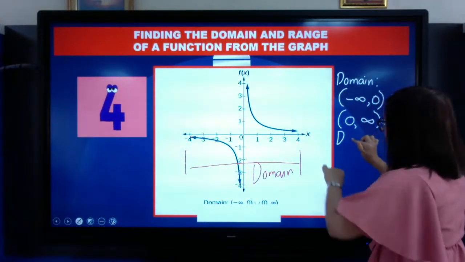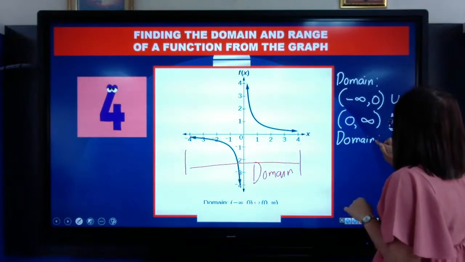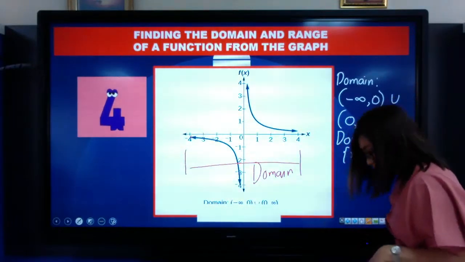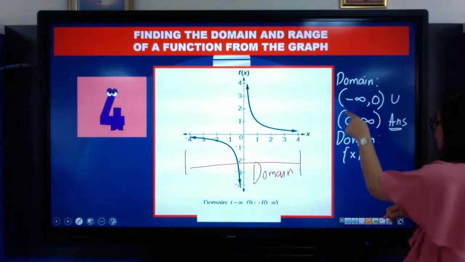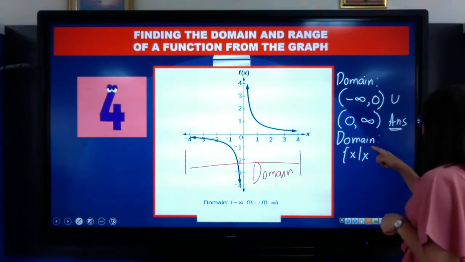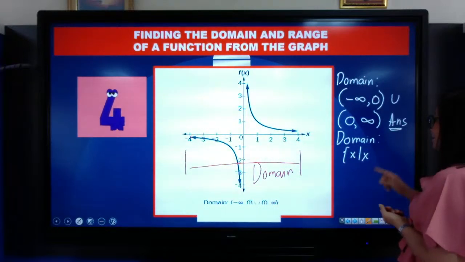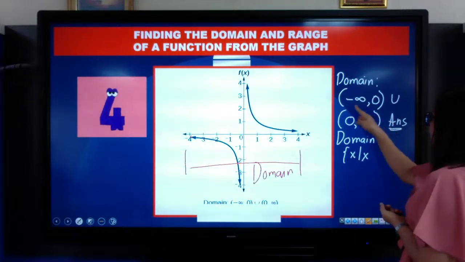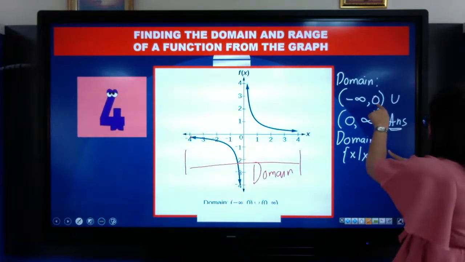Another way, okay, we do this fast because we have to study more. Domain. Set of all x such that x is what? How do you write this one? Set of all x such that x is less than 0.